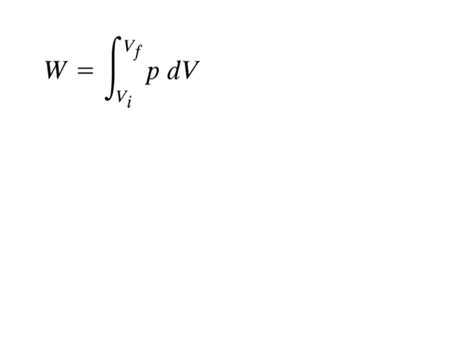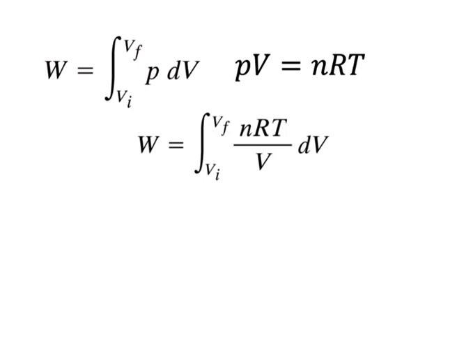For an ideal gas, we can use equation KT1 to substitute for P, obtaining W = integral of (nRT/V) dV from Vi to Vf.